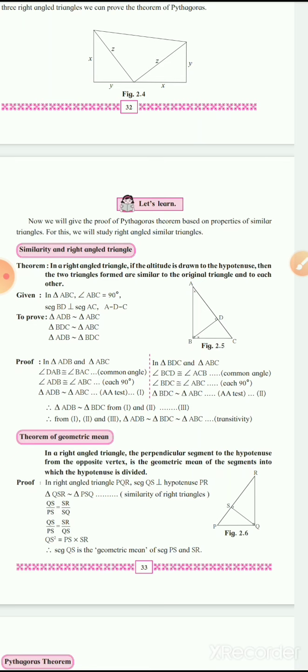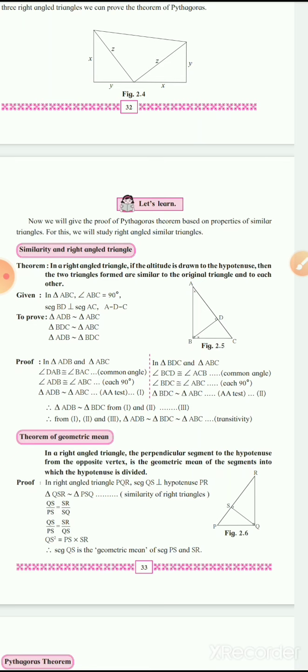So in triangle ADB and triangle ABC, angle DAB is congruent to angle BAC. Why? Because it is a common angle of these two triangles. So here the reason is common angle.